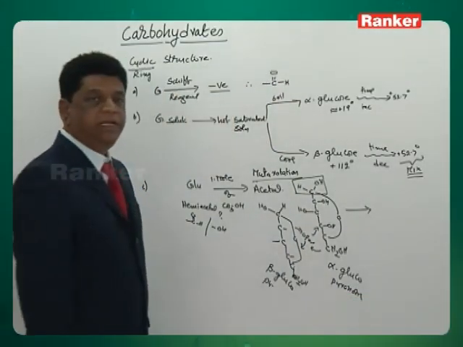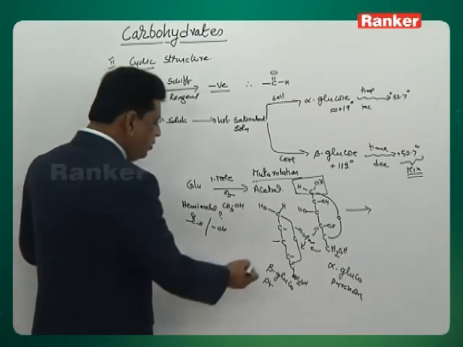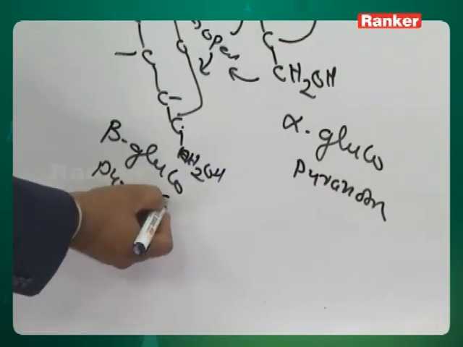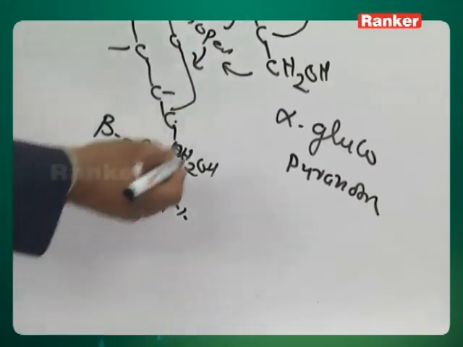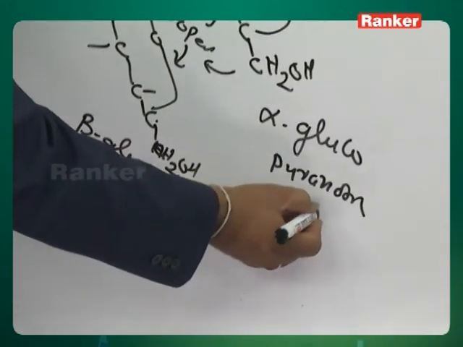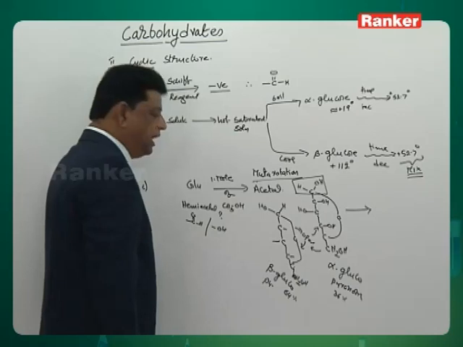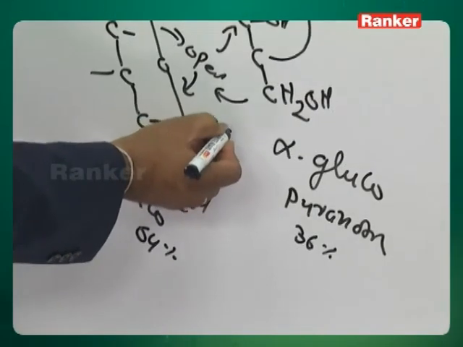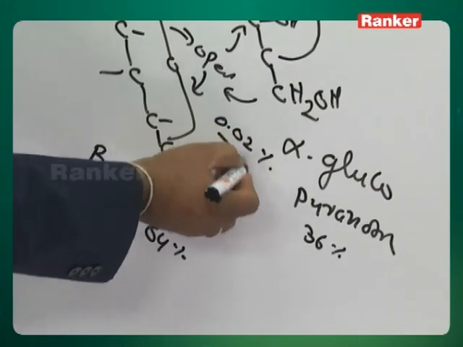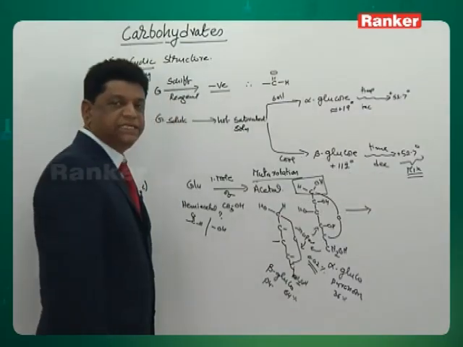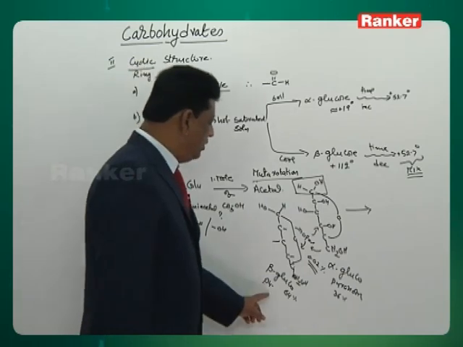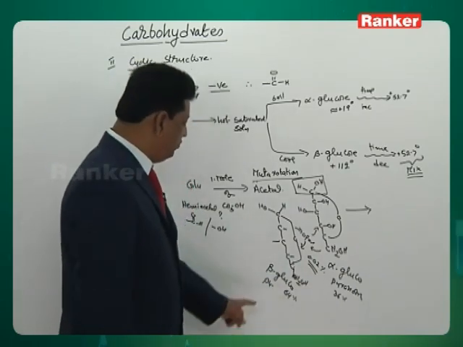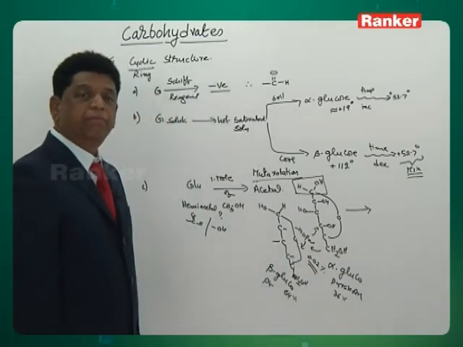In this mixture, beta glucose is around 64% and the other contains 36%. The open chain is very close to 0, about 0.02%, almost 0% open chain structure. Mostly only the ring forms are present, of which beta glucose is the maximum.